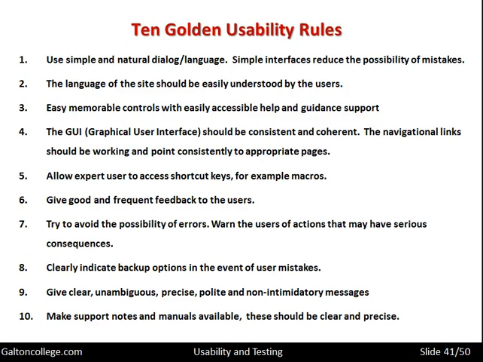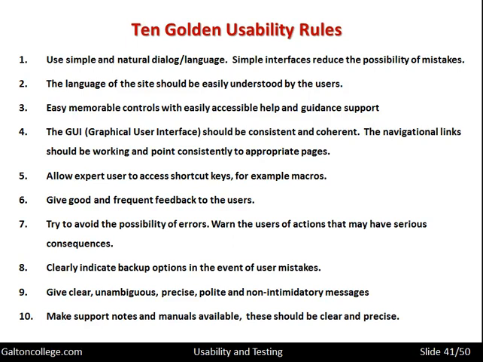Number 5, allow expert users to access shortcut keys, for example, using macros. A macro is a small program that's usually developed in Excel, for example, to do calculations in Excel. But it's possible to imagine small programs running in the background in all sorts of contexts. 6.